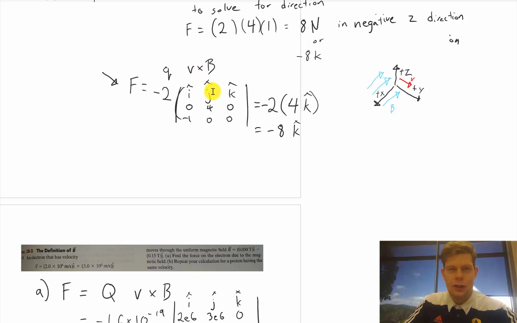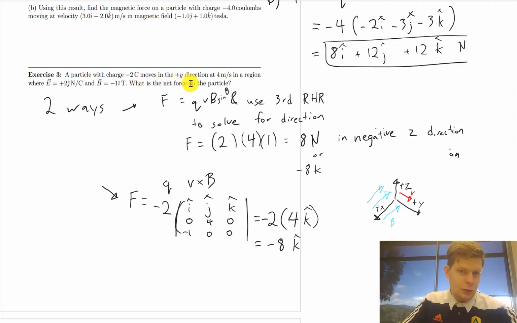Because it's kind of like A times B minus C times D or whatever. There's going to be 1 zero in each. Or A times C minus B times D. There's going to be 1 zero in each of those terms, and so the whole thing will be 0. So the only term we have left is k, and we get that with 0 times 0 minus 4 times -1, so it's just 4. 4 in the k direction, multiplied by -2, we get -8 in the k direction. So either way works.